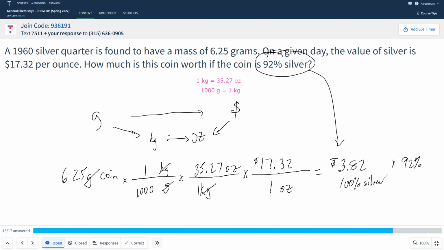So if I multiply it by 0.92, the final answer I get is actually $3.51, and not $3.82. That missing 31 cents is the cost of the impurity in the silver.